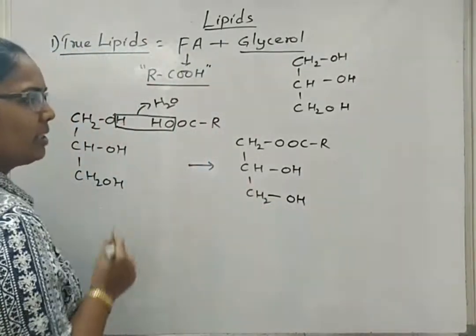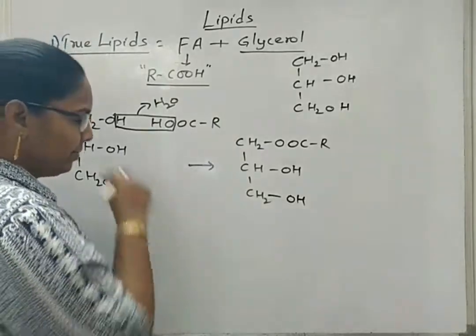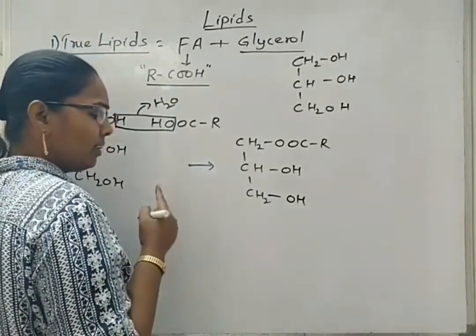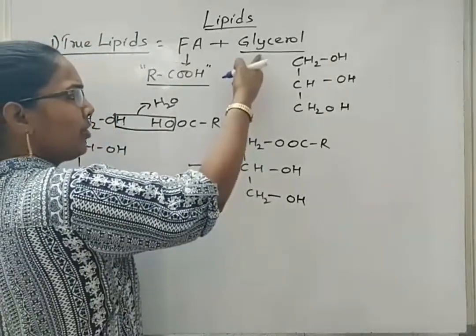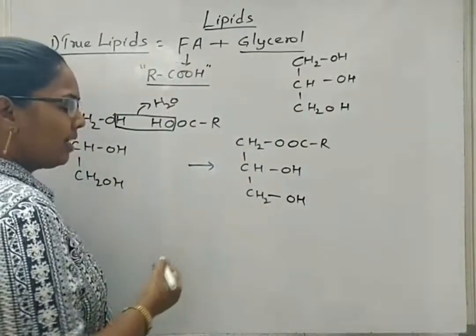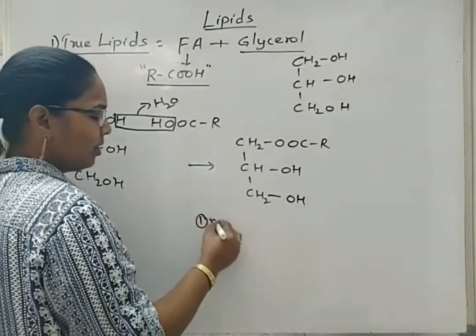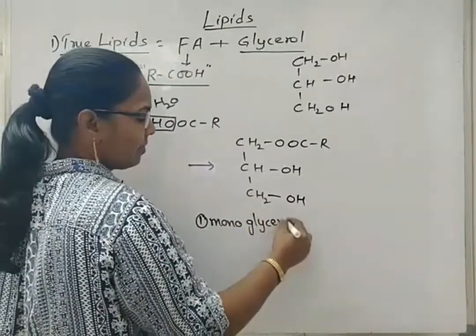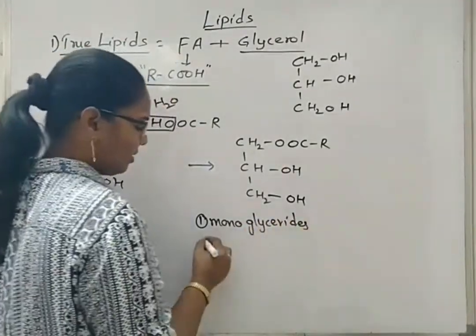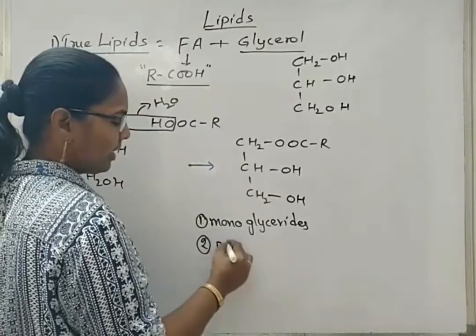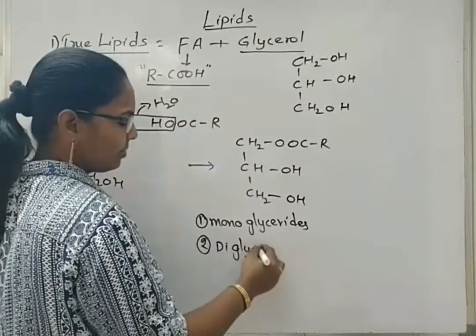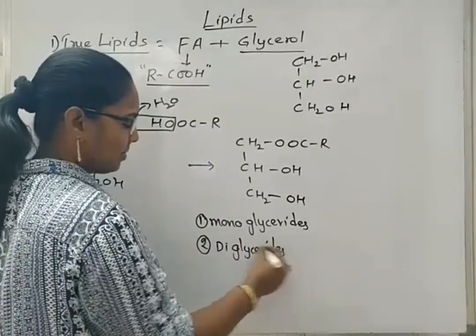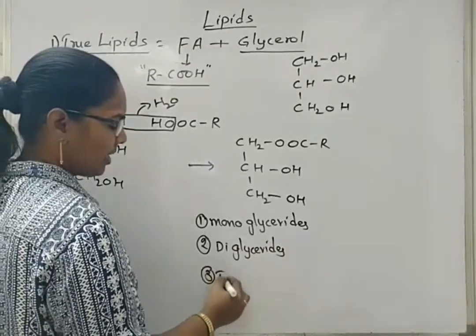Okay, from this we can extract one bit. Glycerols, which are one part of lipids, exist in the form of monoglycerides, second one diglycerides, third one triglycerides.